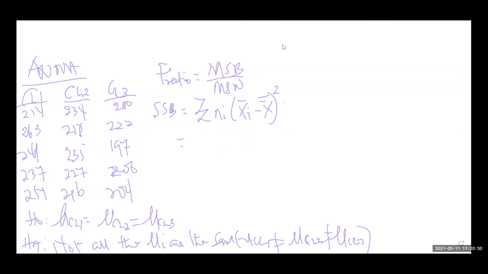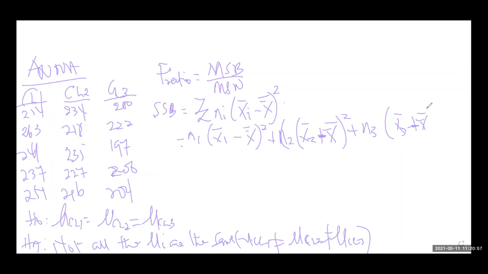So all I'm trying to do is add up N1 x bar 1 minus my grand mean squared, plus N2 x bar 2 minus the grand mean squared, plus N3 x bar 3 minus the grand mean squared.